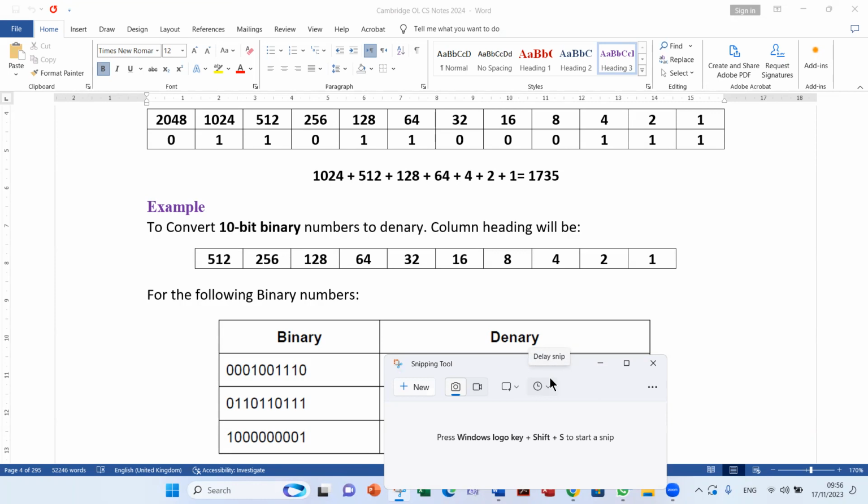Okay. You are very clever. Please go ahead and compute those three binary numbers one by one, and I will reveal the answer as soon as you do it manually. Okay, please go ahead.